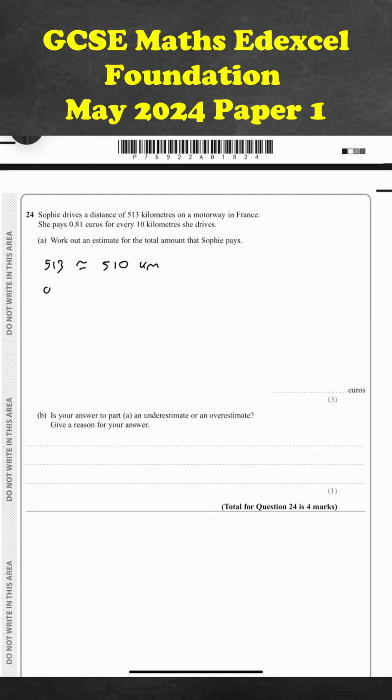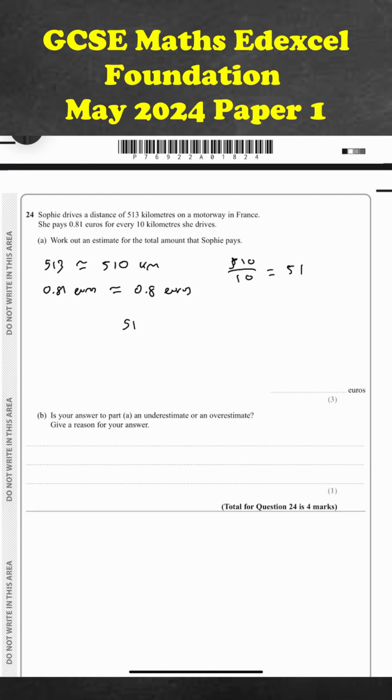She pays 0.81 euros. It's approximately 0.8 euros. So we're going to say that for every 10 kilometres she drives, she pays 0.8. So 510 divided by 10 is going to be 51.